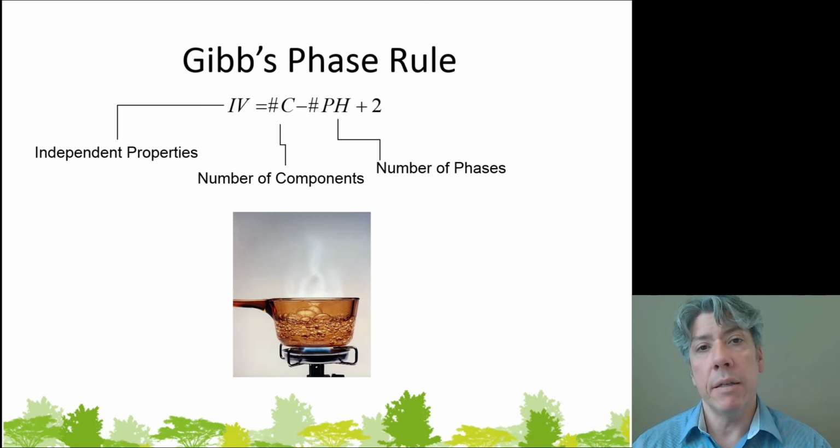Does it? Really? If you were to go to the Himalayas, if you were to increase your elevation, water would actually boil at a lower temperature. So what property is it that you're specifying? It's pressure, right? So at sea level, water boils at 100 degrees Celsius, or at least fresh water boils at 100 degrees Celsius.